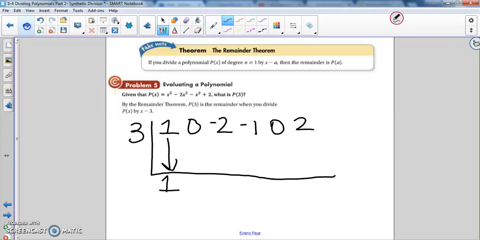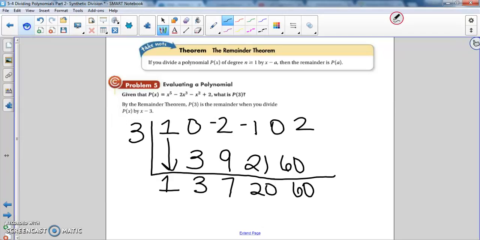Bring down my 1. 1 times 3 is 3. 0 plus 3 is 3. 3 times 3 is 9. -2 plus 9 is 7. 7 times 3 is 21. -1 plus 21 is 20. 20 times 3 is 60. 0 plus 60 is 60.